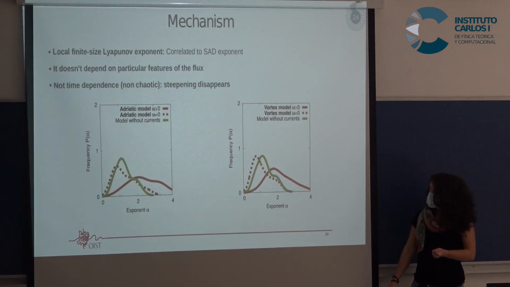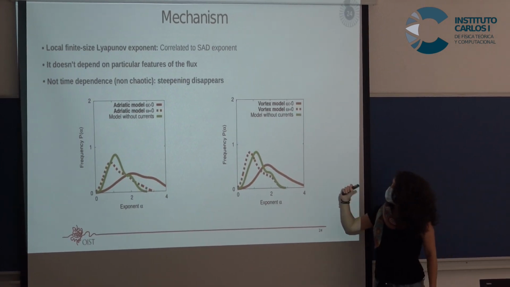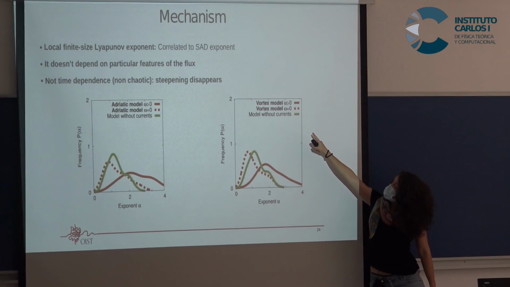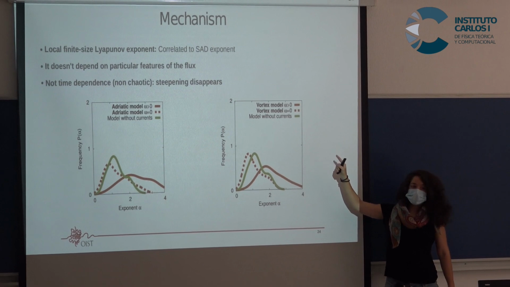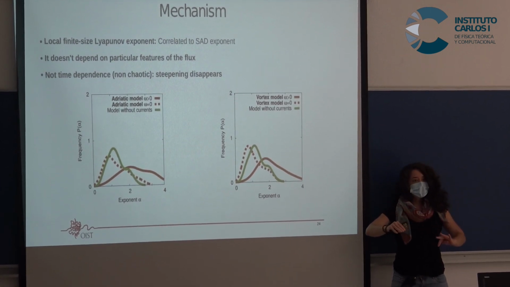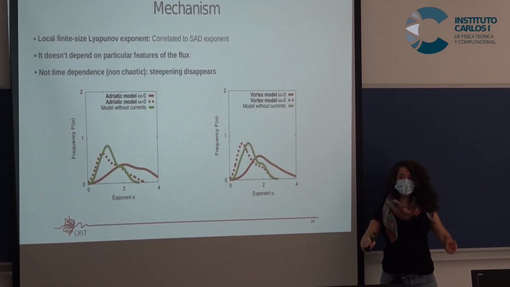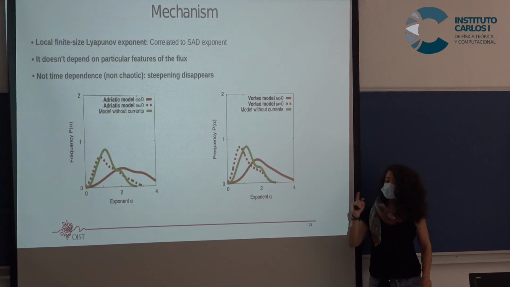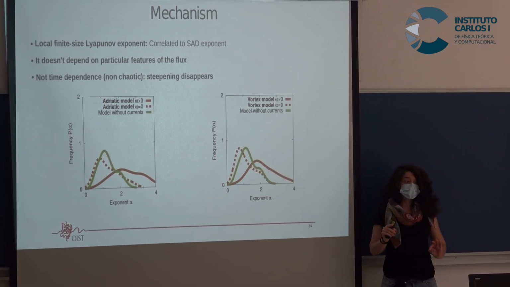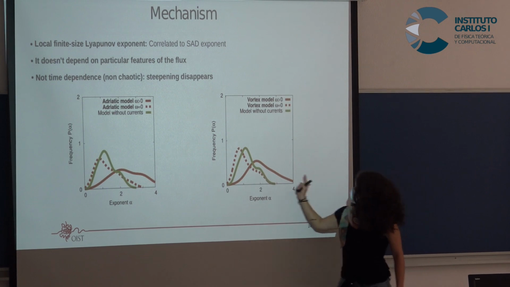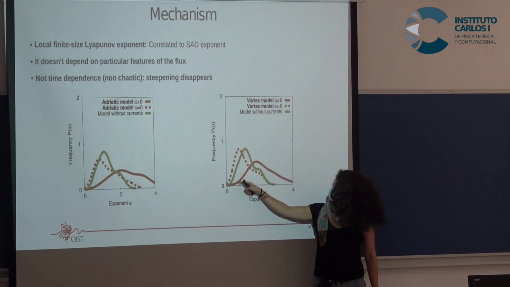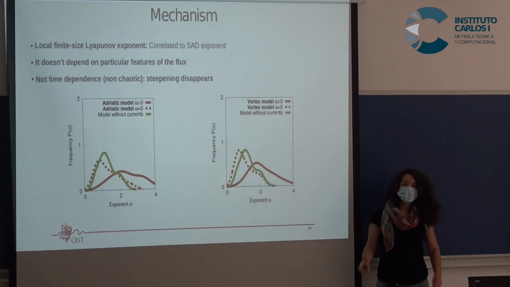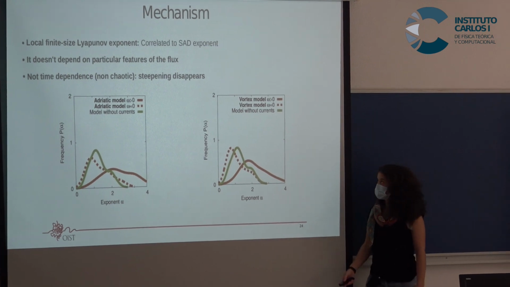To emphasize this, we also measure what happens if the parameter that controls the time dependence of the model is set to 0. So we have the flux, but without time dependence. That means that we don't have chaotic advection. We don't have chaos. And in that case, again, the exponent reduces and goes to the one without currents. So basically, chaos is the cause of this.